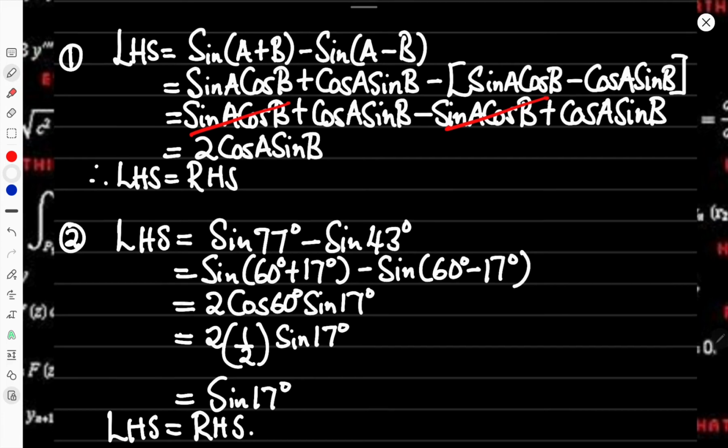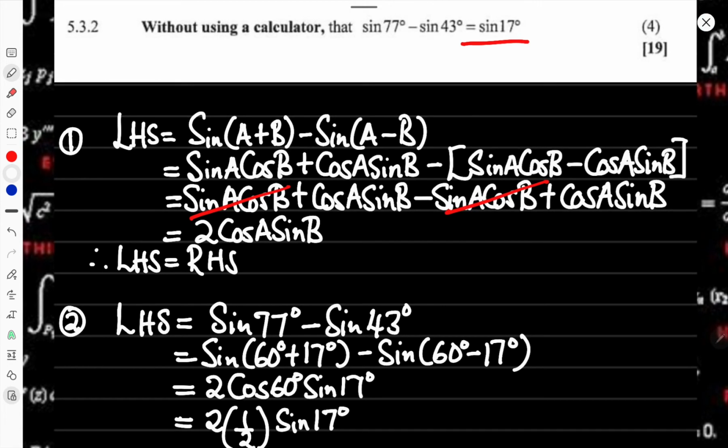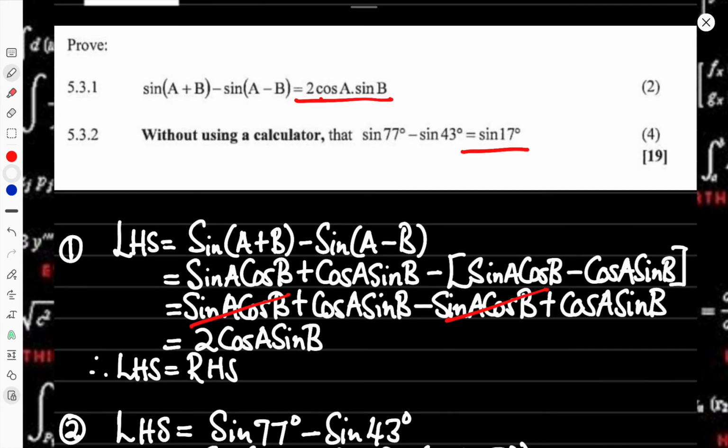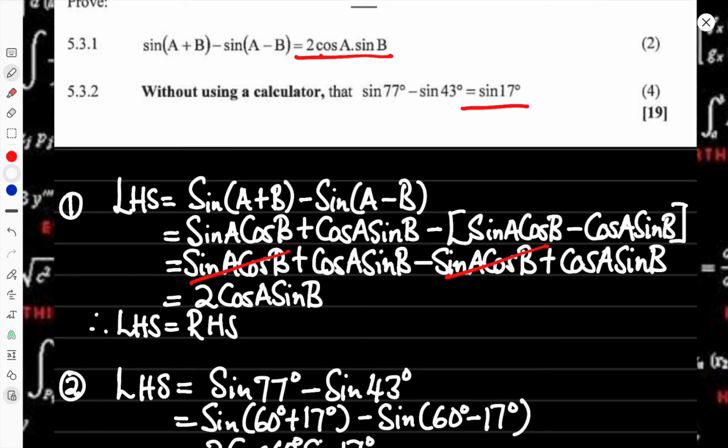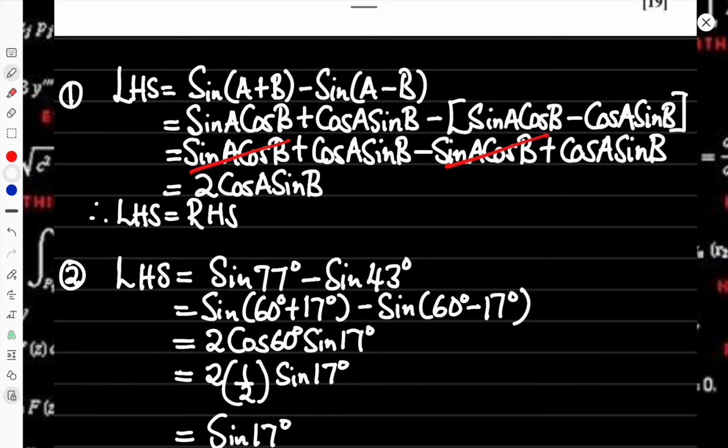So what was important here was for you to understand how to do the first one. Having done the first one, then for the second one, we just use the fact that A is the same as 60, B is 17.